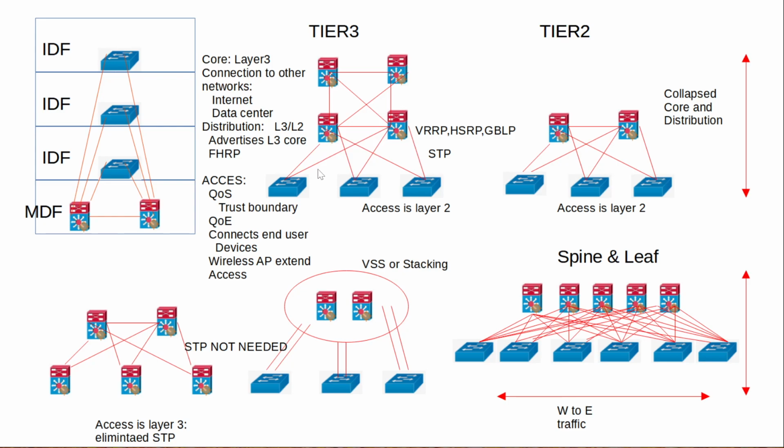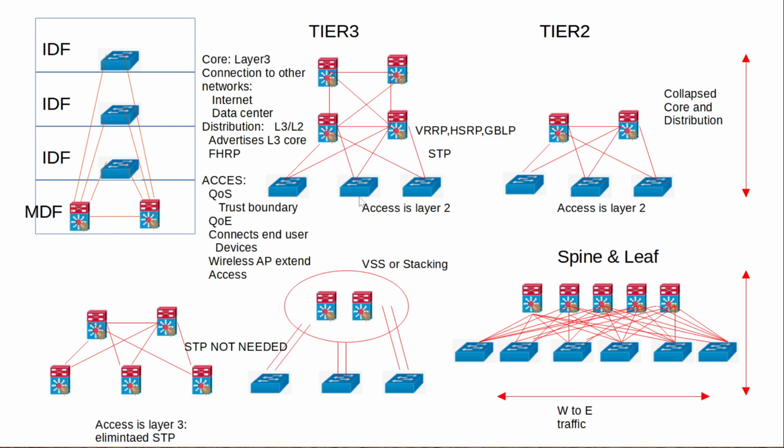At the distribution layer, you will also be advertising your end users' networks into the core, and you will probably be configuring the first hop redundancy protocol here at the distribution, such as VRRP, HSRP, or GLBP. The downside of this design is that you will have to run a spanning tree protocol.